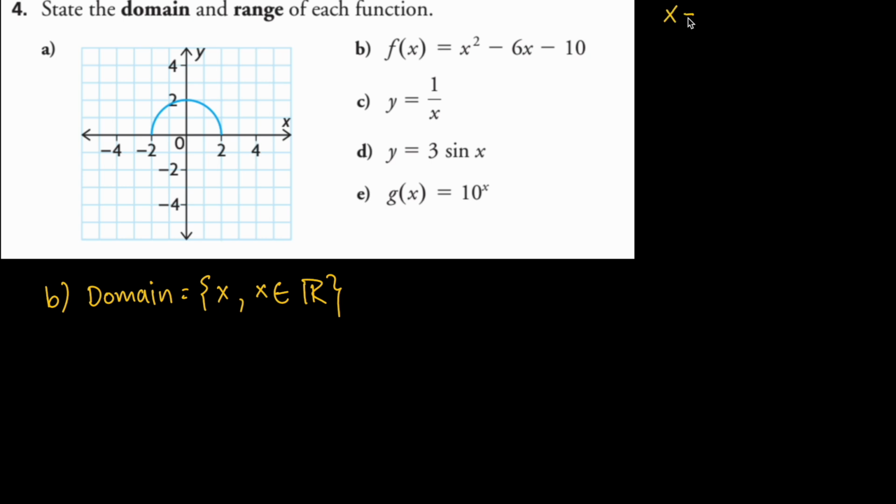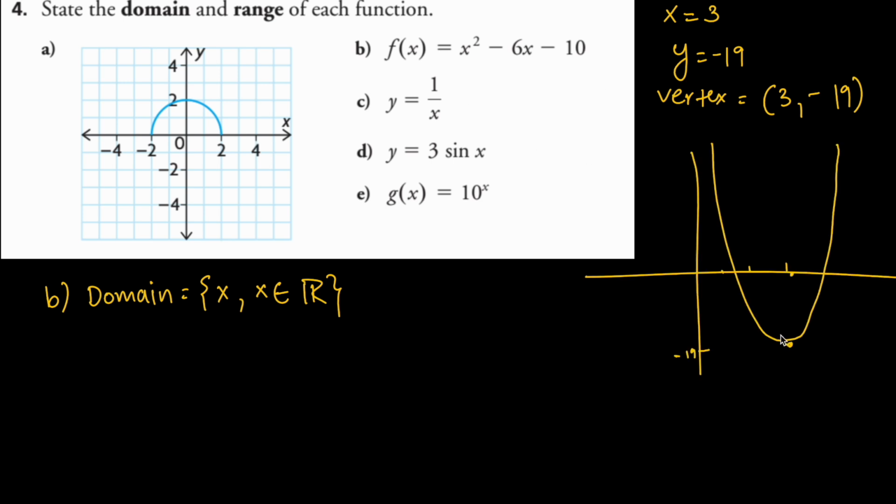This is roughly how the parabola is going to look like, with the vertex at (3, negative 19) here. That means I do not have any restriction on x, but for the range, what restriction do I have?